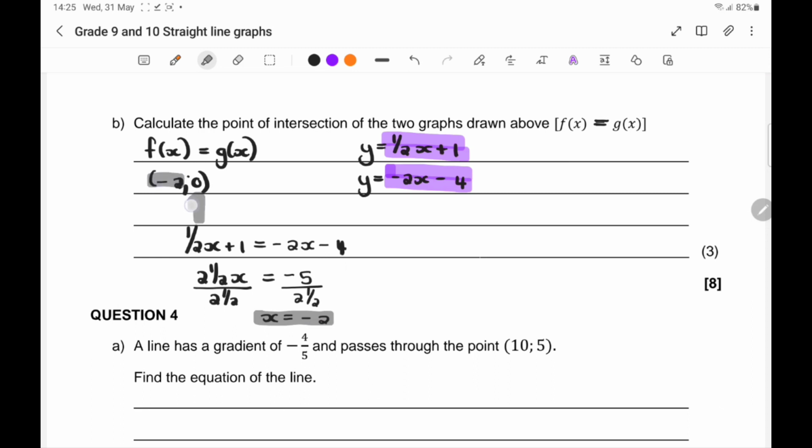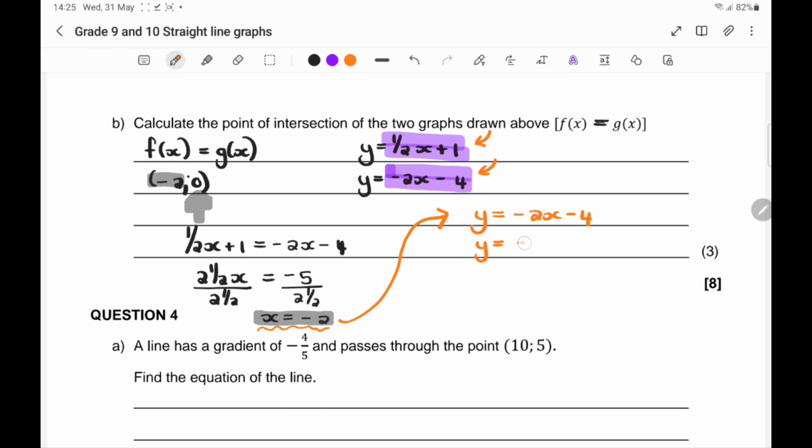How do we get the other part there, which is 0? So you're going to take this and you're going to replace it into any one of the 2 equations that we had. So by doing it, I'm going to take the one without the half, is -2x minus 4, and we calculated the x part of it is -2.